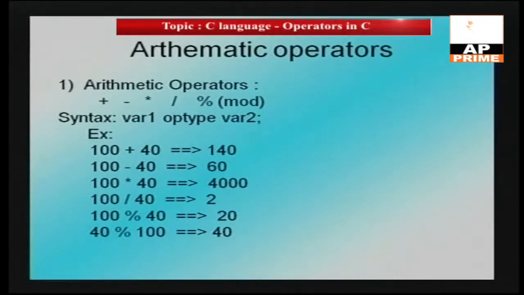The next category of operator is the assignment operator. What is meant by assignment operator? The equal to symbol. You declare a variable and assign the value with the help of the equal to symbol. It is called the assignment operator.